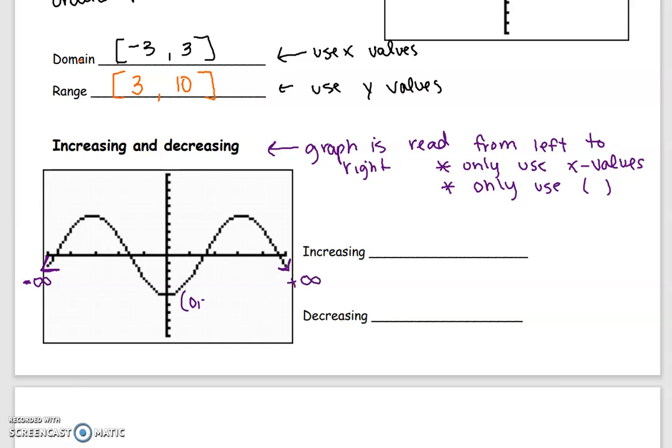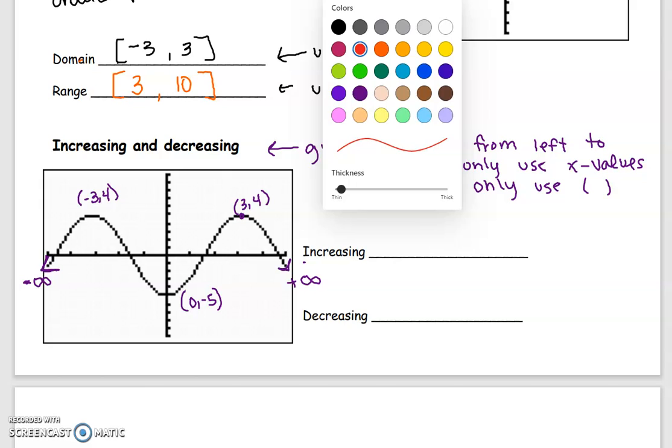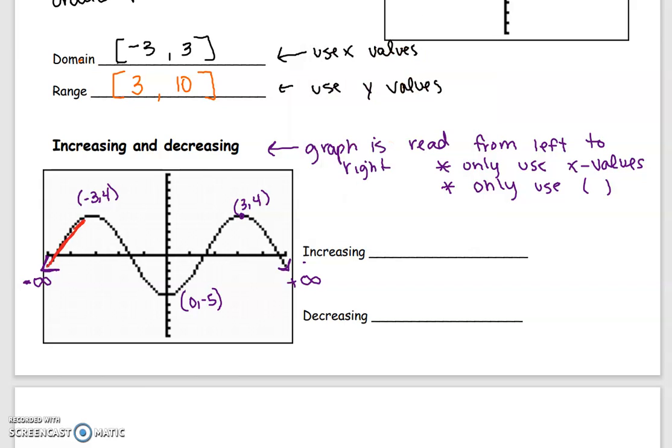Here we're at 0, negative 5. Here we're at 3, 4. And then here we're at negative 3, 4. Okay, so when am I increasing? I'm going to highlight my increasing parts here and here. So from this point up to this point, from this point up to this point.